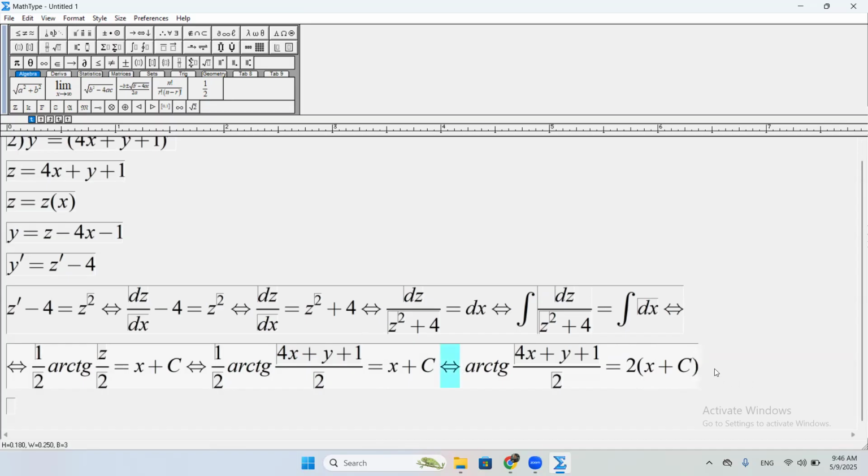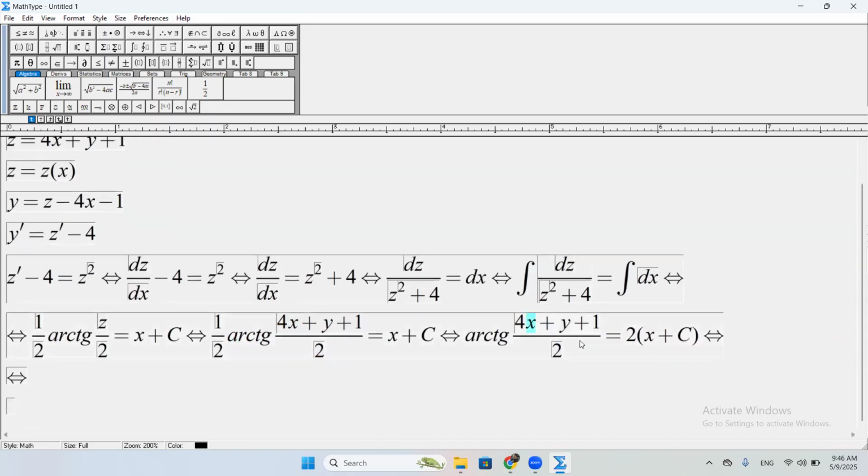Then 4x plus y plus 1 will be equal, let me also multiply by 2, so it will be equal to tangent of 2x plus c.